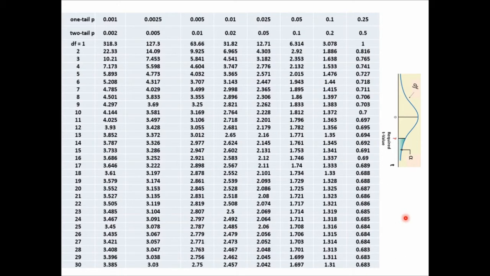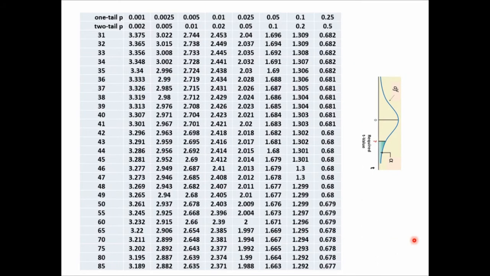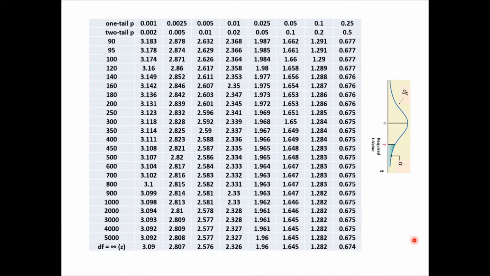And again, the effectiveness of the t distribution becomes much less above the value of 30. But we have the rest of the table here in case you are interested in values of t for degrees of freedom above 30, all the way up to infinity.